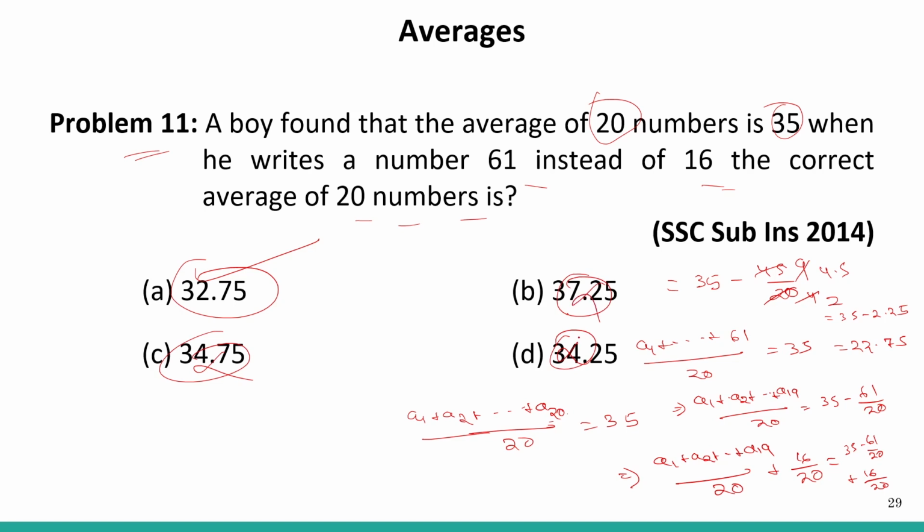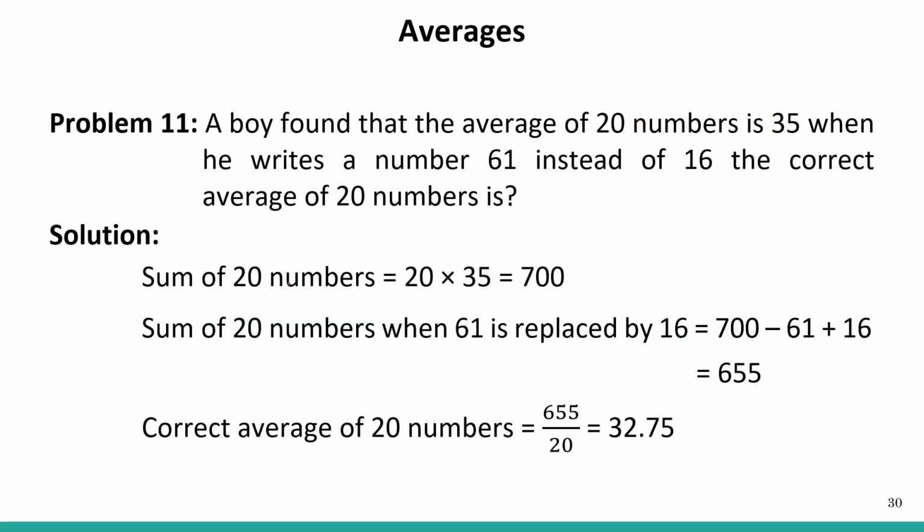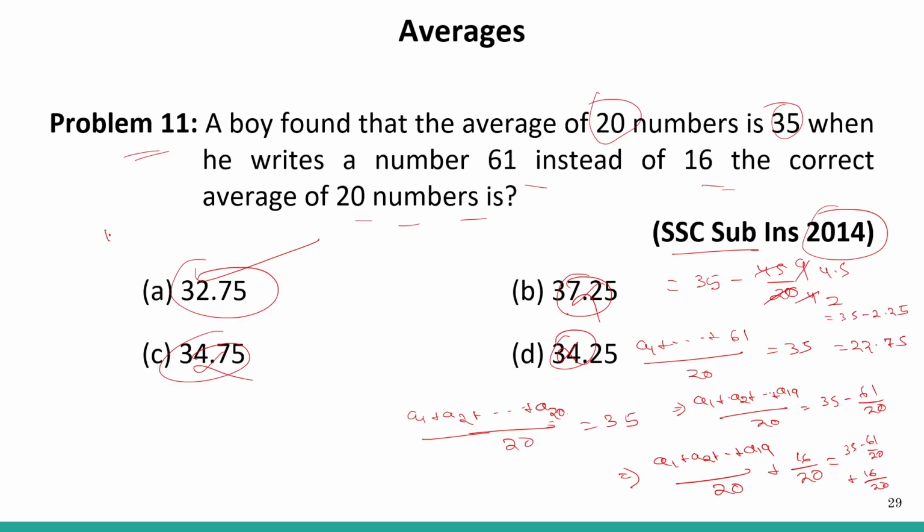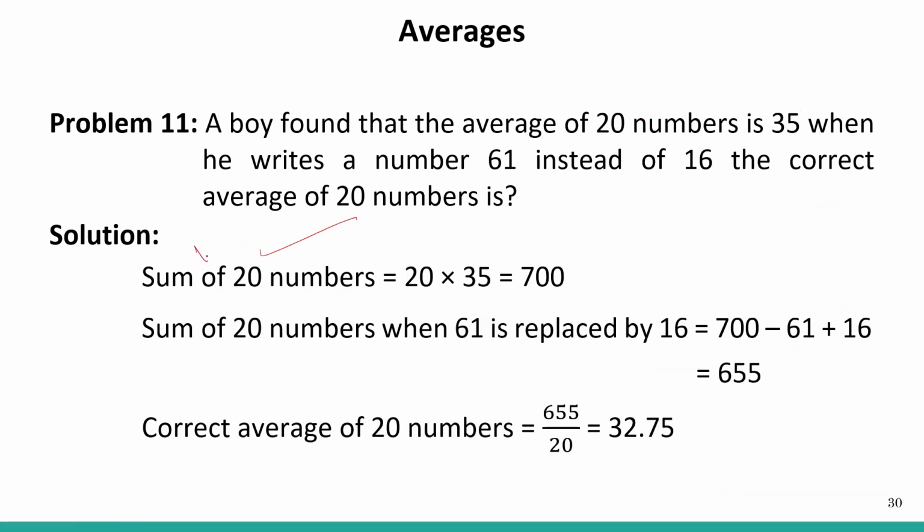Okay, so let's go forward with the step-by-step solution. This question appeared in the SSC Sub Inspector Exam 2014. If you remember, we have done all these kinds of problems using two methods, method 1 and method 2. This is method 2.